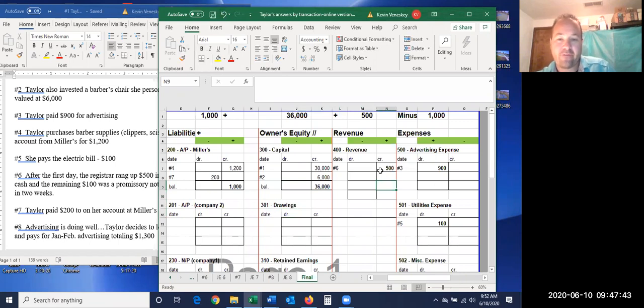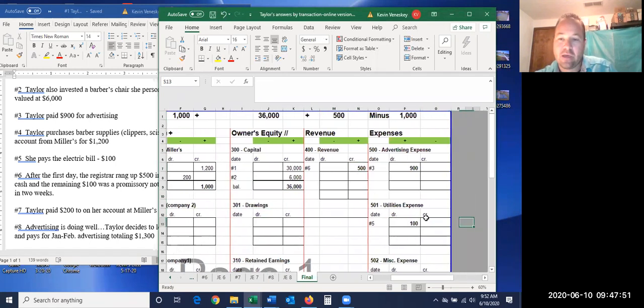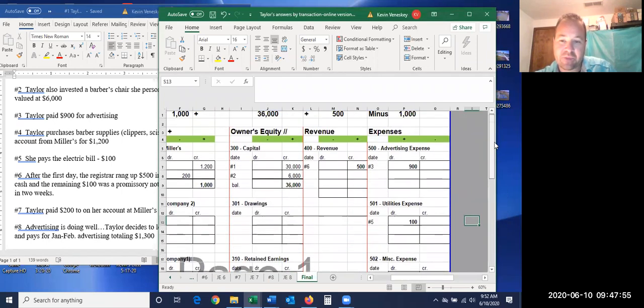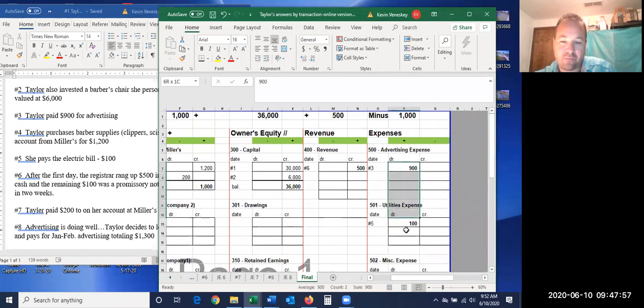For our revenue, $500, no need to total it. That's the only revenue we had, so my total revenue is $500. I don't need to total any of the expenses. I didn't have any expenses that had more than one amount. So when I total up all of the expenses, my 900 and the 100, it comes out to 1,000.